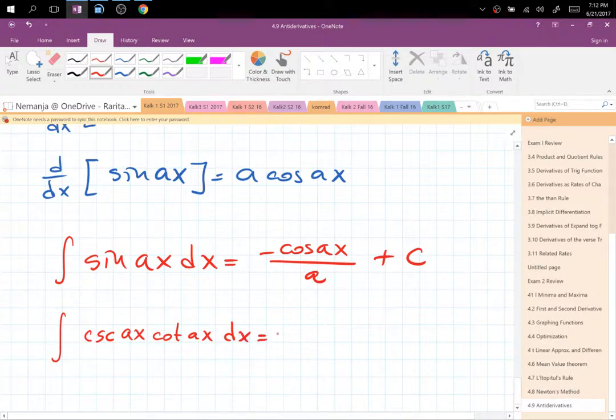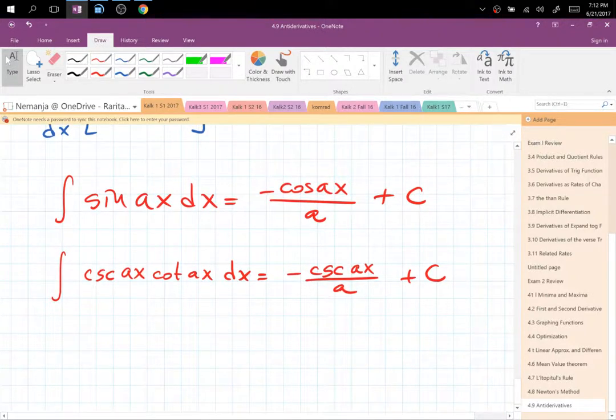So what is the answer? It's negative cosecant ax divided by a plus c. You have 6 of these. So how about the integral of e to the ax dx?